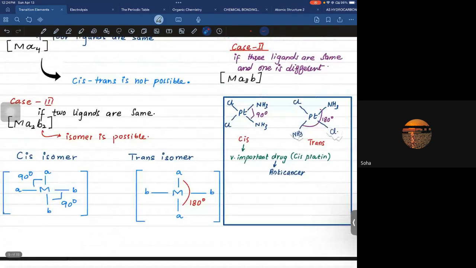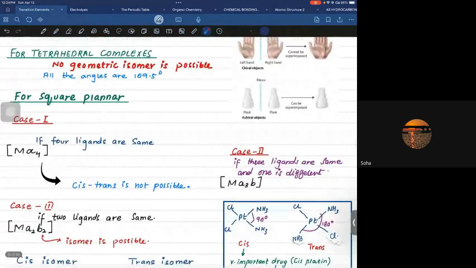Because in tetrahedral, what's the bond angle? It is 109.5 degrees. So how is it possible that you would have a bond angle of 90 degrees or 180 degrees? Of course, the answer is a big no. Because in tetrahedral complexes, we can only have a bond angle equal to 109.5 degrees. That's the main point.